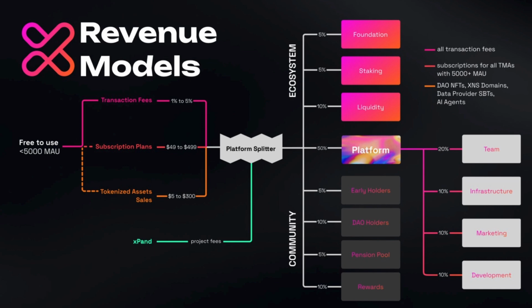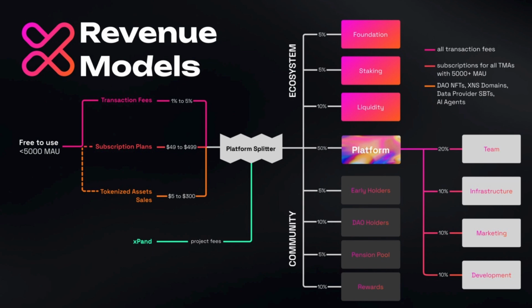So the increased activity drives demand for XW3, and users need the token to access services, pay fees, or stake for rewards. So I hope you can see the real utility here that we are building for the XW3 token, because this demand can increase the token's value, benefiting all the stakeholders.